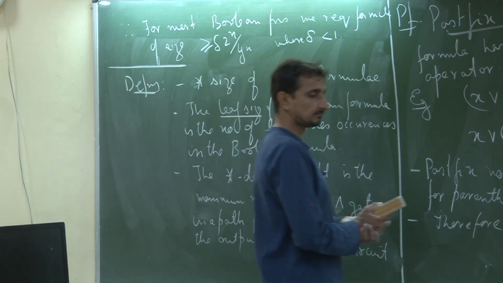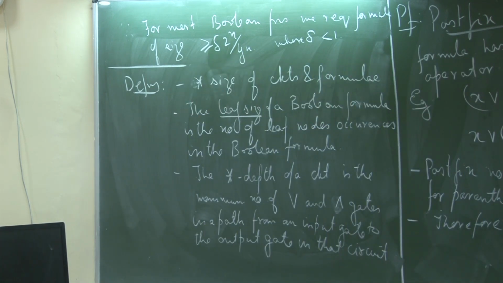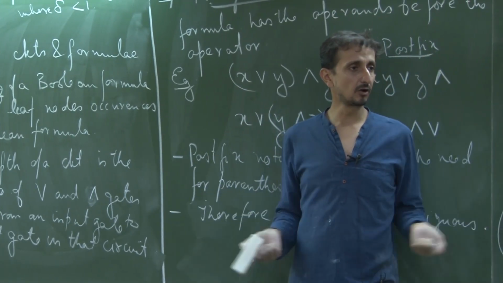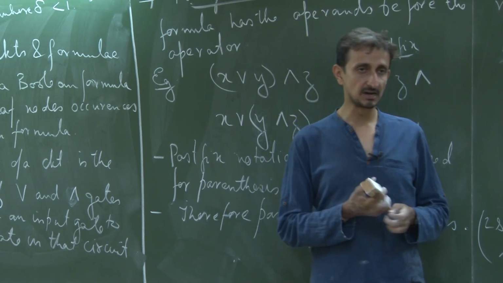You take any path from an input to the output gate and count the number of OR and AND gates present. The maximum over all such quantities is the star depth.